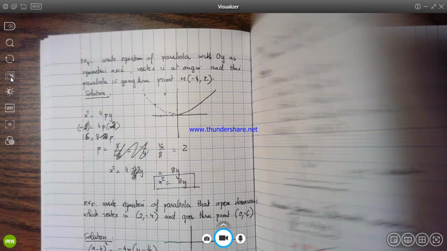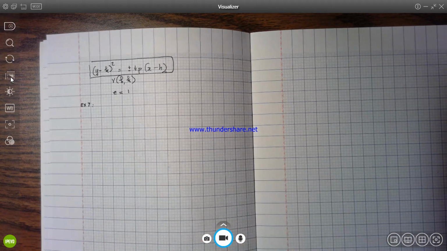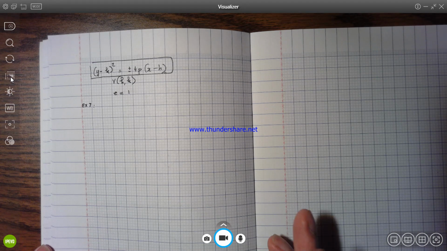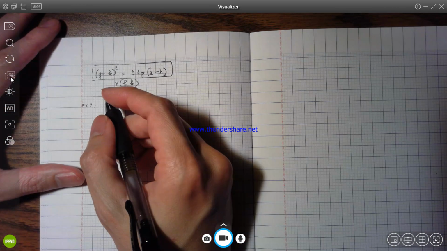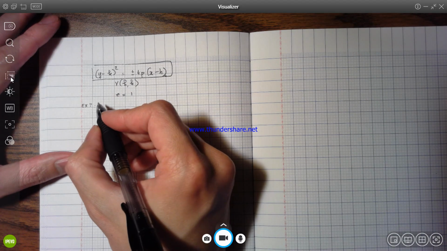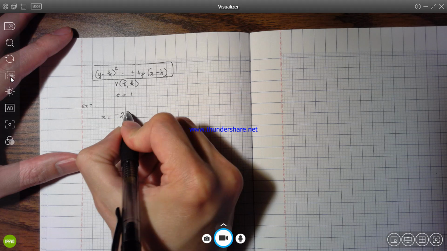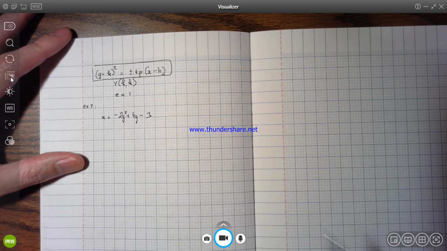So this is number 6 already, right? So example number 7. I'm gonna have something like x equals negative 2y squared plus 4y minus 3.